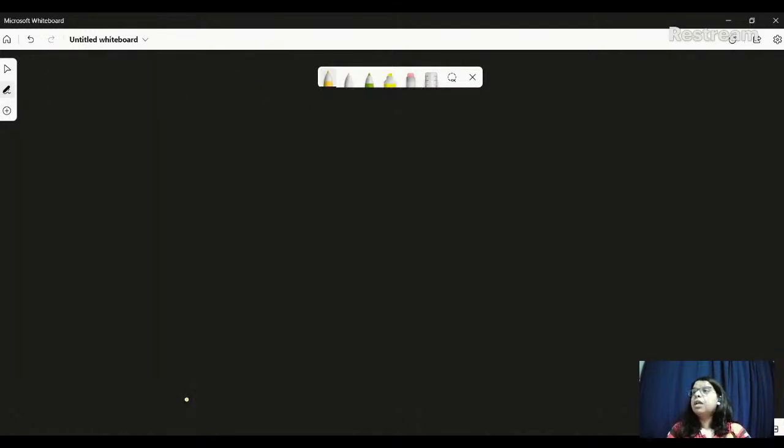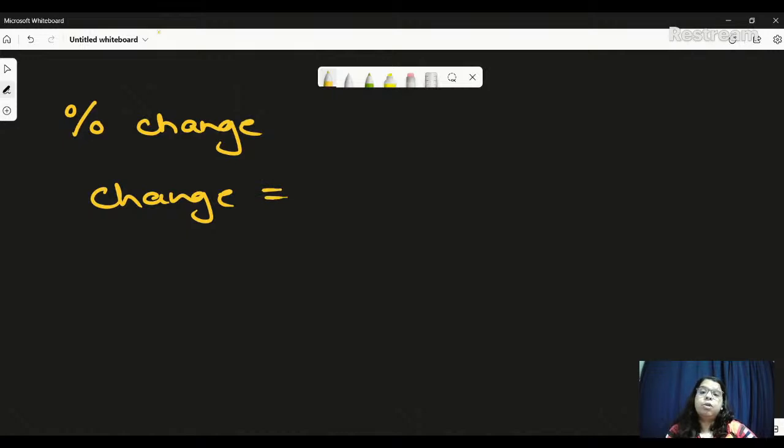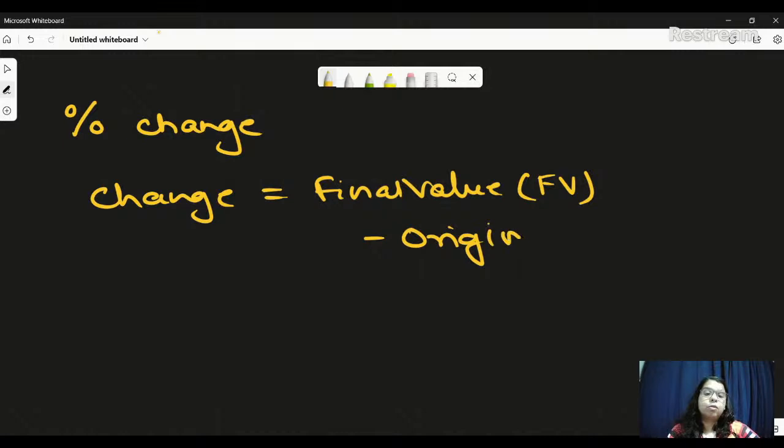Okay. So next one is percentage change. For percentage change, we have to find the change, which is equal to final value, here on we are going to call it FV, minus original value, we are going to call it OV.